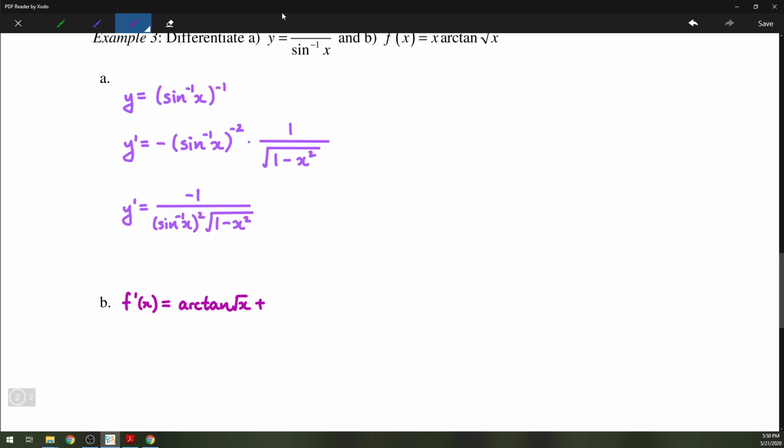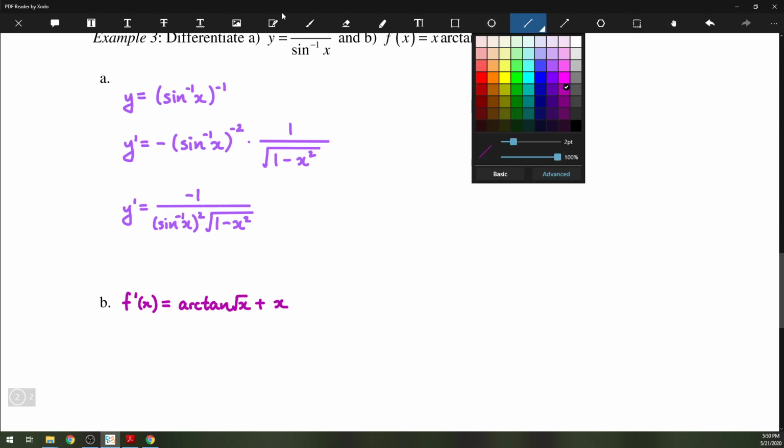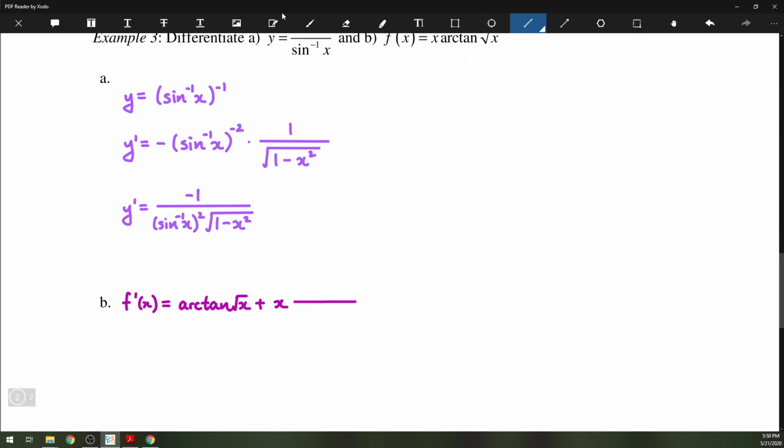And then we're going to leave the x and take the derivative of the arc tangent part. So that will give us 1 over 1 plus square root of x squared. And then the chain rule, which means we have to take the derivative of square root of x. That will give us 1/2 x to the negative 1/2 power.